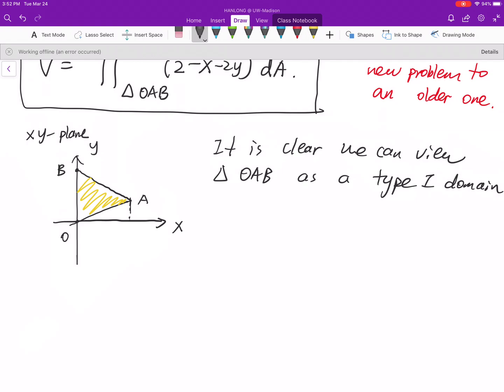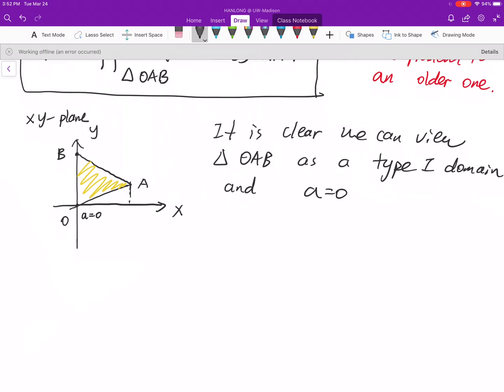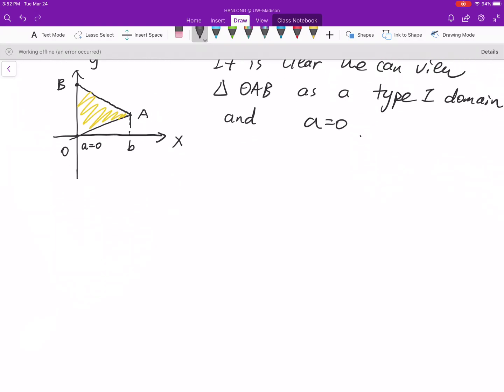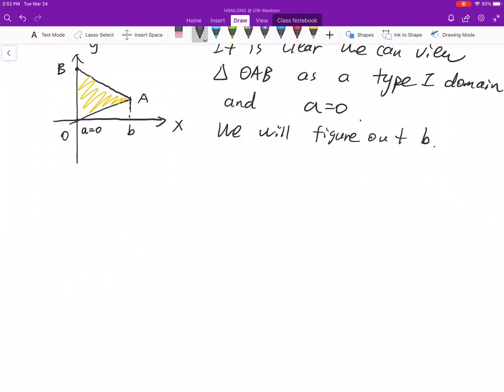Here, the point O is the origin, therefore it is 0. Next, we will figure out the other point. Sorry, my bad notation.